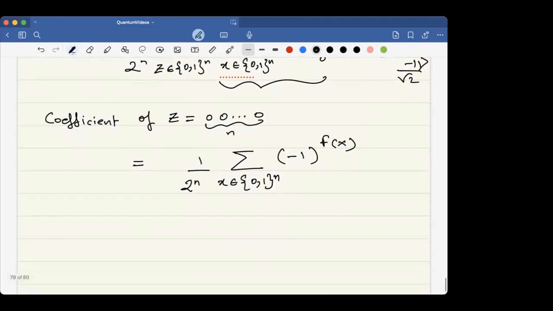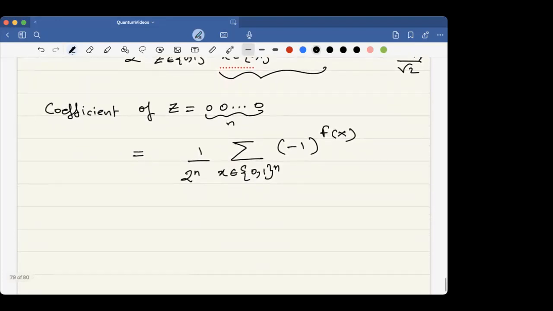Now, we have two cases, right? The function is constant or the function is balanced. So this is going to be equal to, if the function is constant, whether f of x is 0 or 1, regardless, you will either get all ones over here or all minus 1.